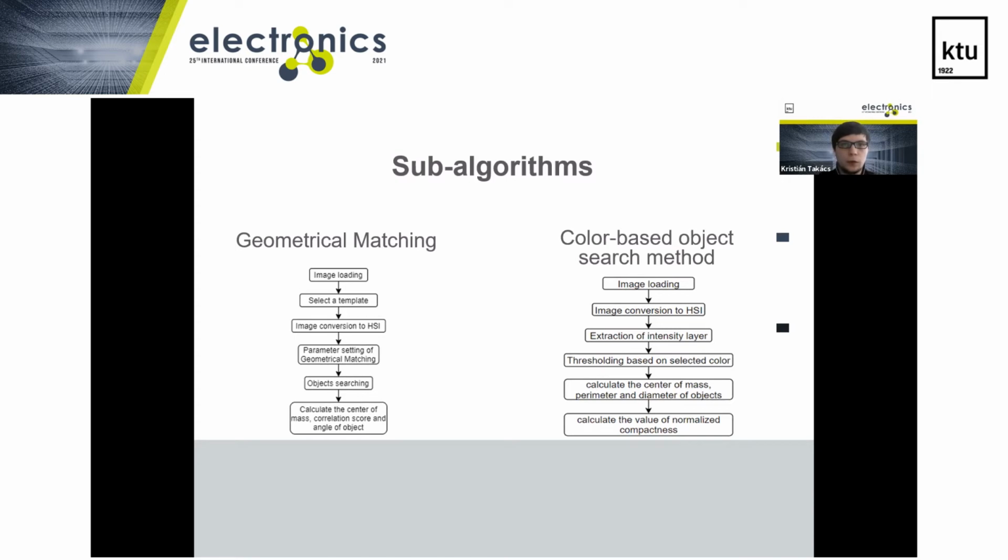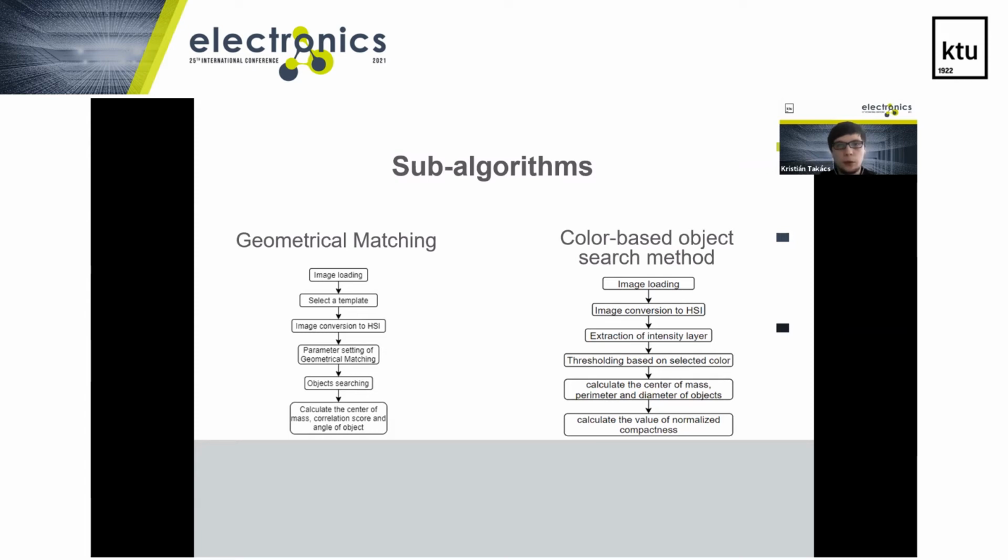The right side of the screen shows the block diagram of the color-based object searching method subalgorithm. This method allows the user to select an object of a specific color from a scene. The subalgorithm first converts the image from RGB space to HSI and extracts the hue layer, which contains the information about the presence of certain colors or wavelength range in the image.